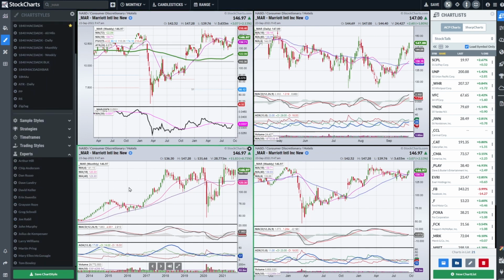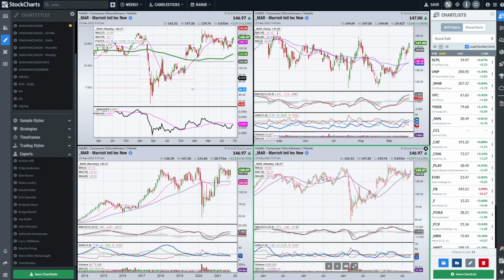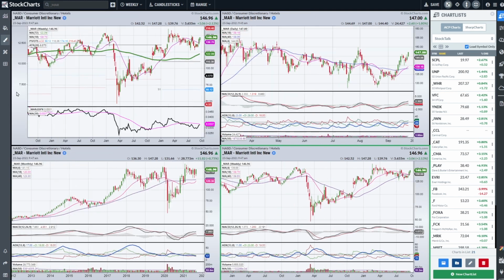Then you click on whatever chart you want to change, I'll do the weekly here, and click on that and just pop in my name, and that'll give you the weekly chart. If it ends up being the wrong time frame, you can go up and change the time frame at the top, but at least you'll have the chart very easily with the same colors and everything like that. So I just wanted to make sure you have the ability to do that.